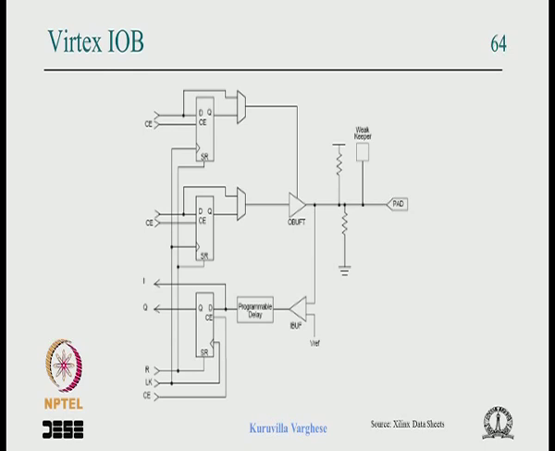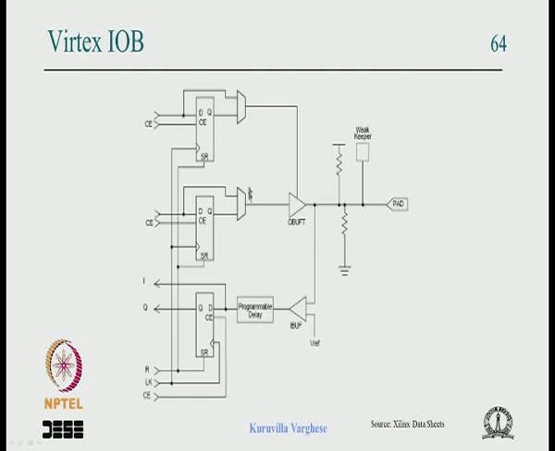So many times if the hold time is large, it is difficult to meet. So this can be adjusted to make the hold time 0, but it will increase the setup time, which does not matter. Similarly you have the enable path, and that can come directly through a combinational path, or it can come registered.